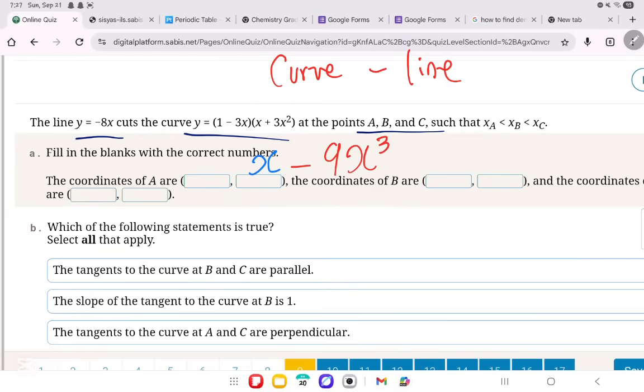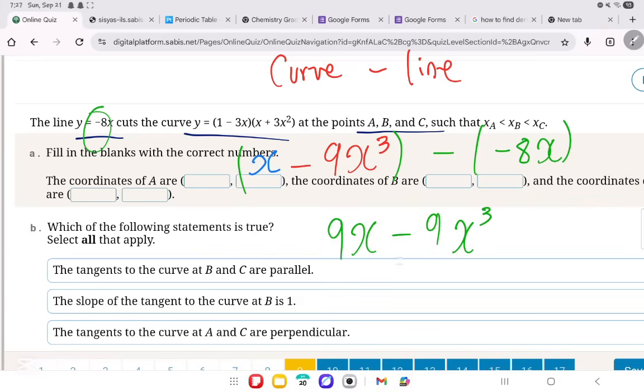Perfect, so this is the equation of the curve. Now we're going to subtract this equation from what? From the equation of the line. So what's the equation of the line? It's minus 8x. So now what are you going to get as an answer? You're going to get 9x minus 9x cubed. Perfect. So this is the equation of the curve minus the line, or the intersection points.